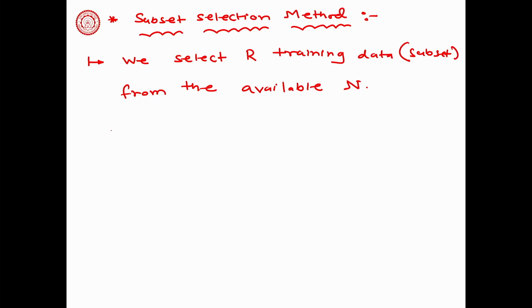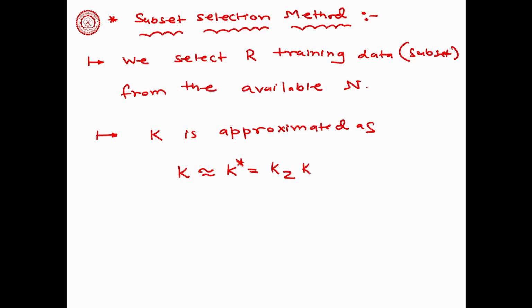So k is approximated as, so k, let us say approximately equal to k star is equal to k z, k inverse, k z transpose. Okay. I have not yet defined what this is. So let me come to that, and then it will start making sense.